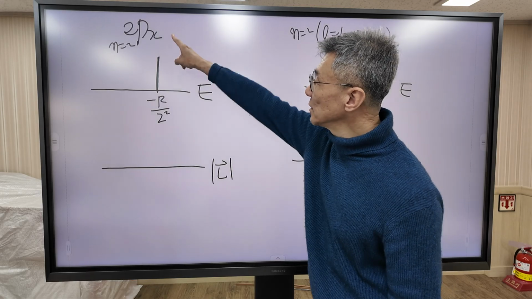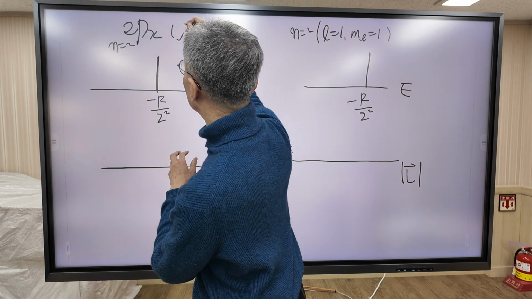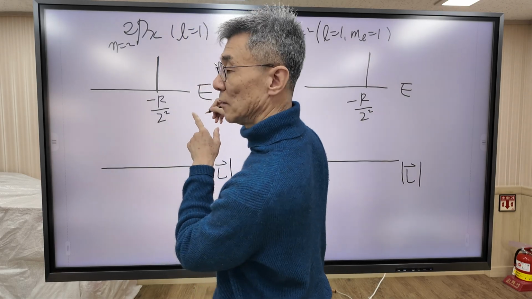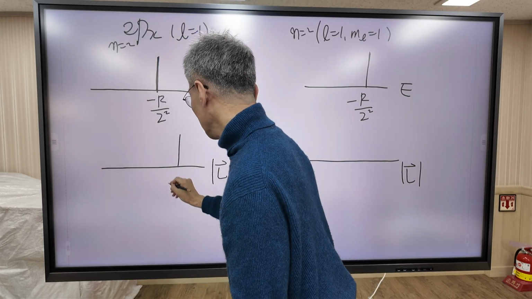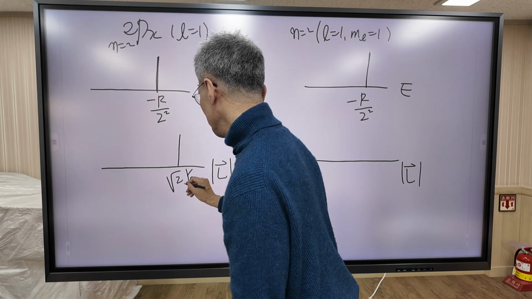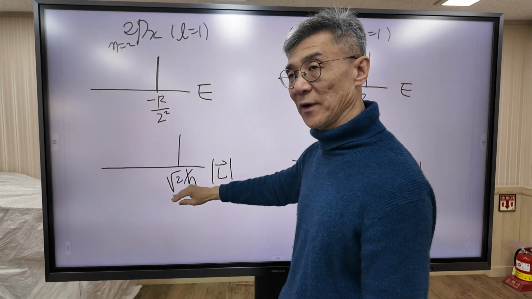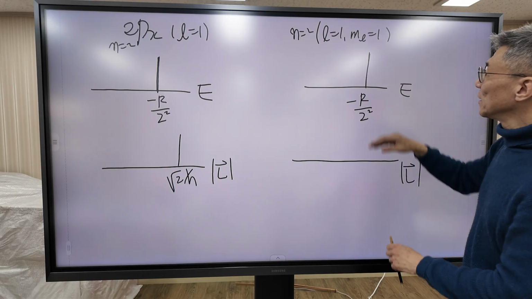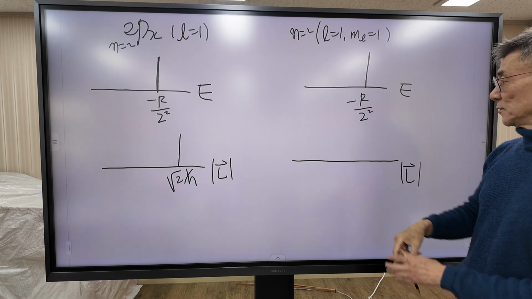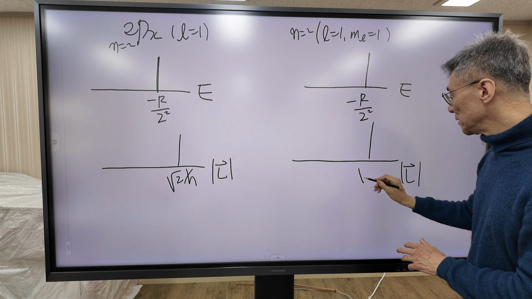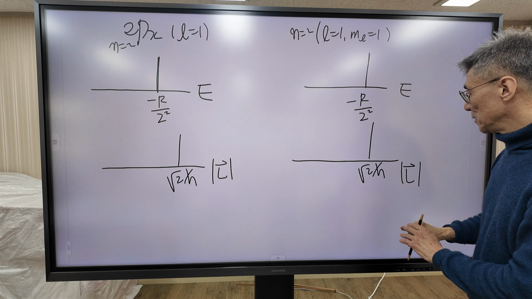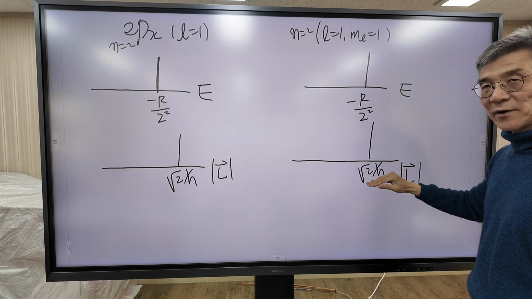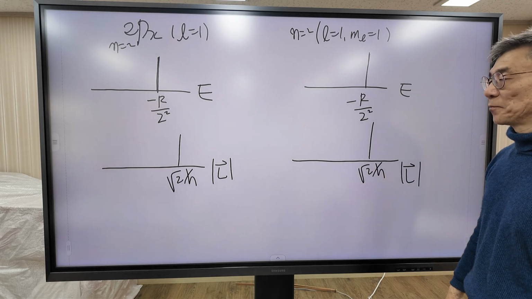For this case, L equals 1. So you can obtain a consistent measurement value. You always obtain this value. Similarly, in this case, L equal 1 is defined. So the measurement is always this value, a consistent value.